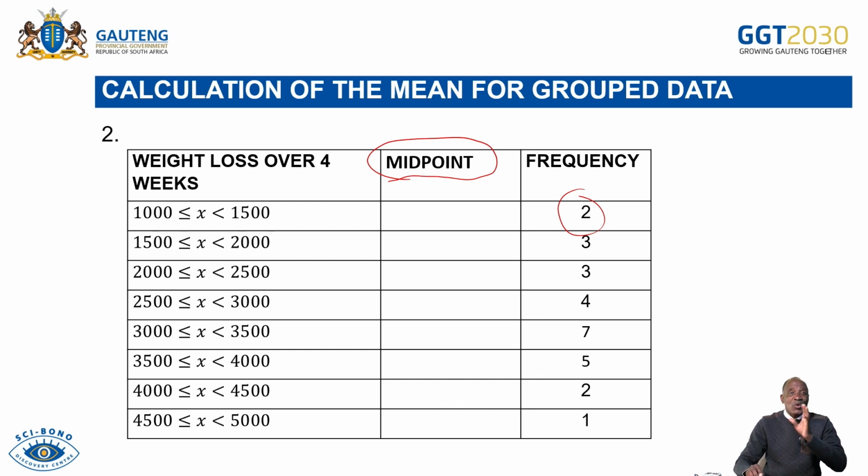I'll lead you with the first one. You take your calculator, you switch it on, 1,000 plus 1,500. I guess this is reminding you of something, the midpoint formula in analytical geometry. You want to find the mid value of 1,000 and 1,500.